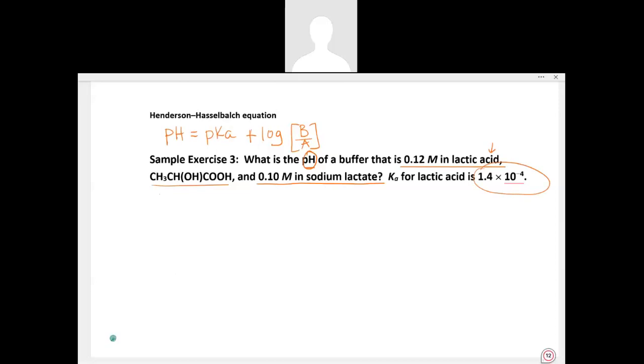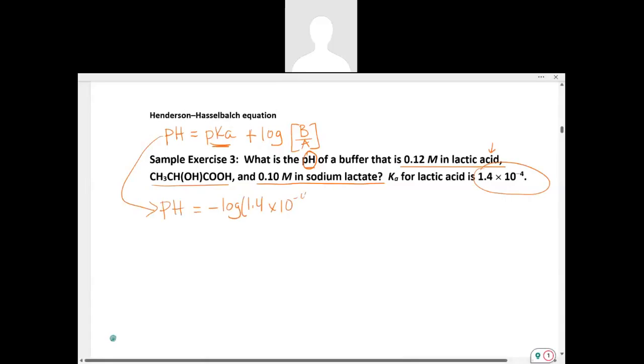We're also given Ka for lactic acid. With all this information, we can solve for pH. Taking the negative log gives me pKa from Ka, so I'm going to use that value for Ka, 1.4 times 10 to the negative 4. Now I have pKa where I need it.